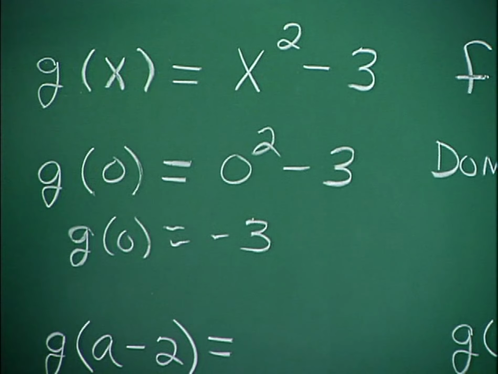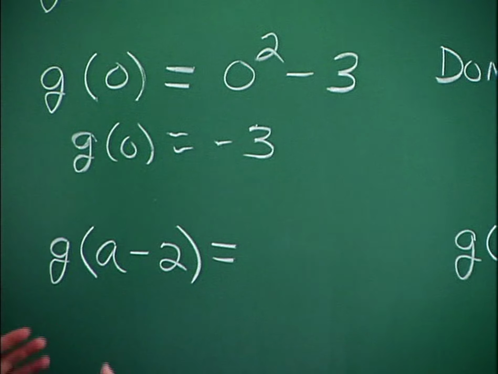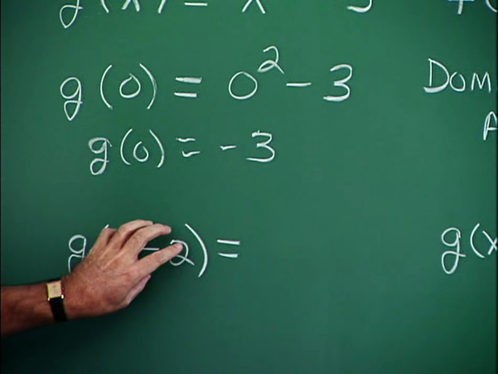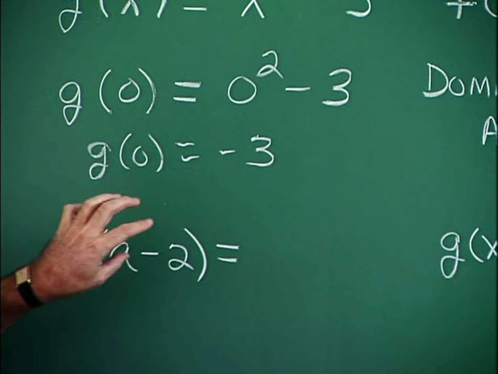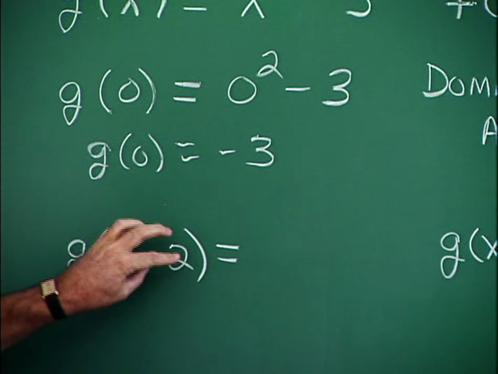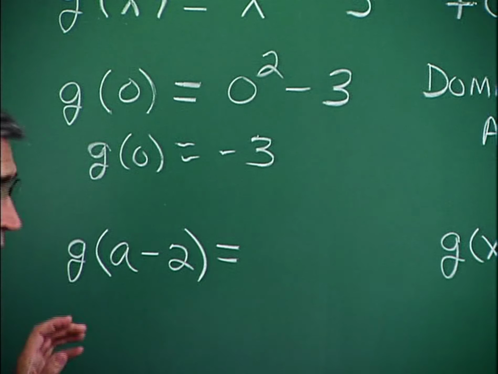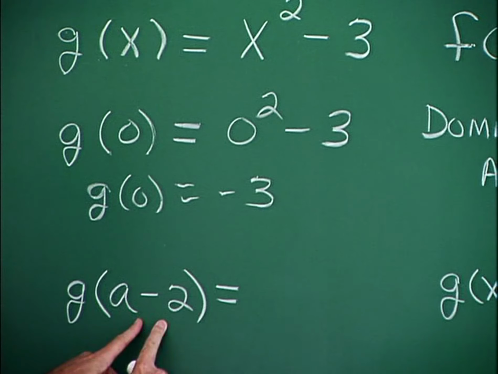Here, this says g of a minus 2. Now remember, in this notation, what appears in parentheses here means that we're going to make a replacement, and it's a blind replacement. Whatever appears in the parenthesis needs to replace the independent variable. So this is saying in the g function, replace the x with a minus 2.